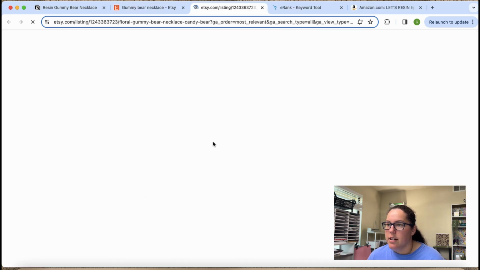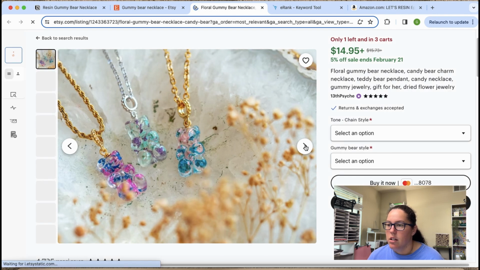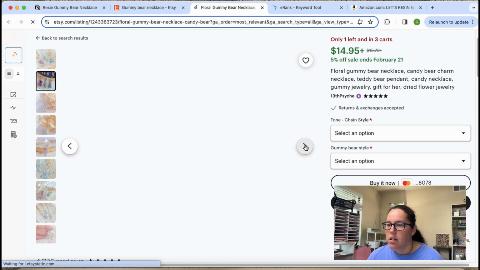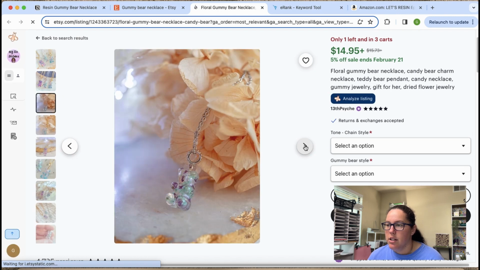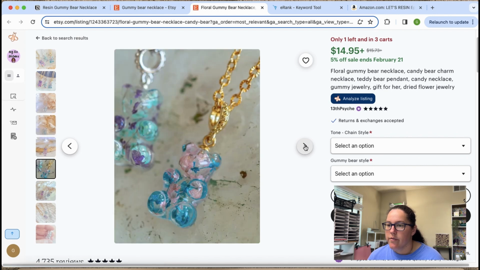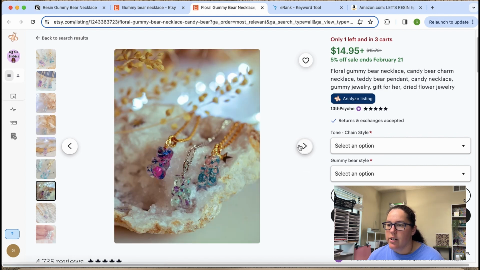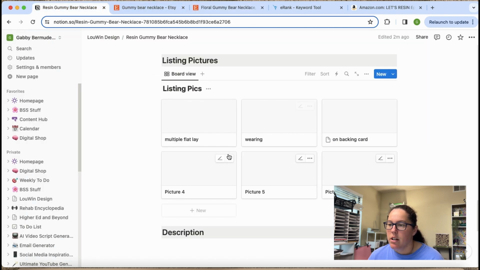So let's click into this one. I'm just gonna go through the pictures and see. So they show all the variations, and then that one was a very up close one.